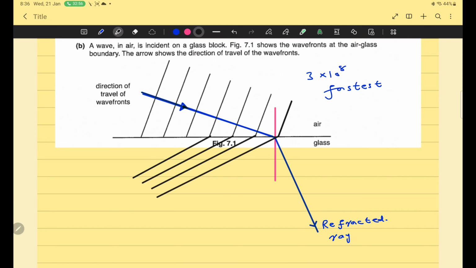And now you can observe the wavelength, the separation of wavefronts, decreased. The wavefronts should remain parallel.